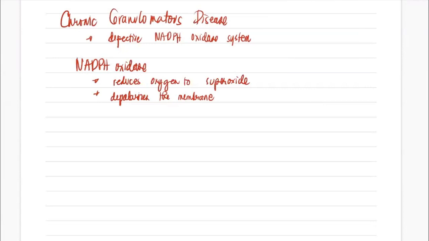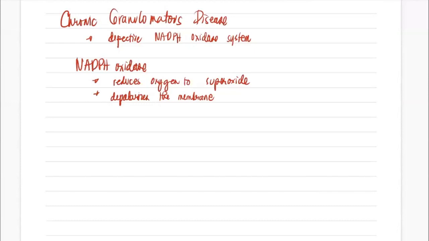And once potassium ions are entering the cell, it will basically alter the pH inside the cell. And this change in the pH will result to activation of certain enzymes. Tapos itong mga enzymes na to will digest the pathogen. So yun naman yung oxygen-independent pathway.